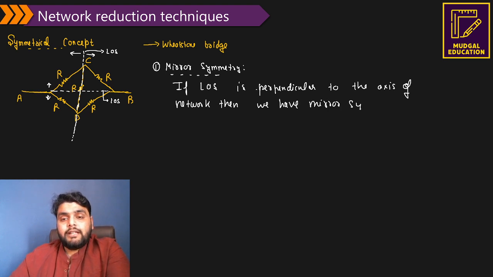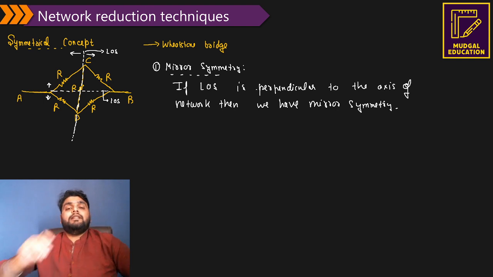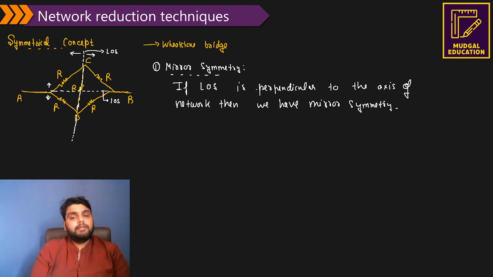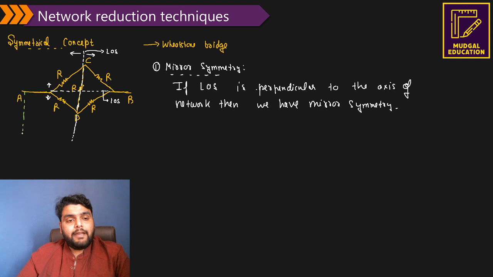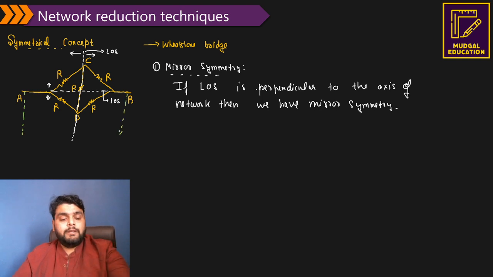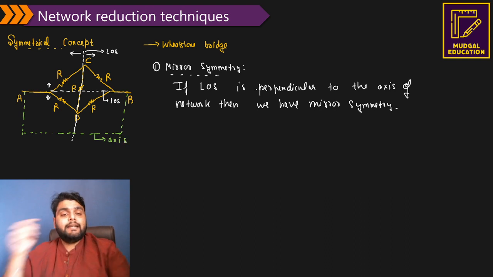Now the question arises, what is the axis of a network? The axis of a network means the particular line joining the terminals of a network. For example, in this circuit diagram, if I connect node A and node B, this becomes the axis of the network.